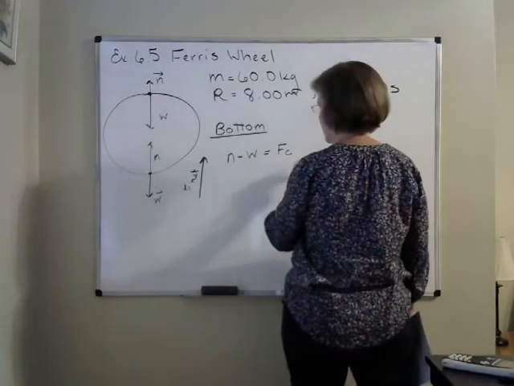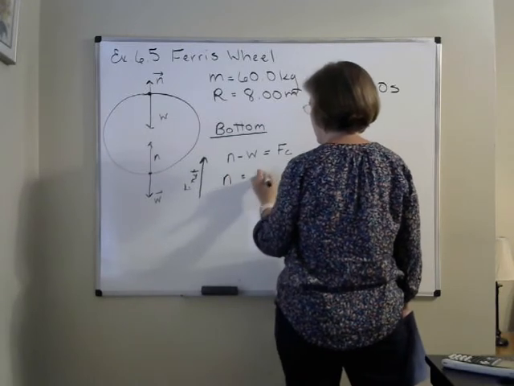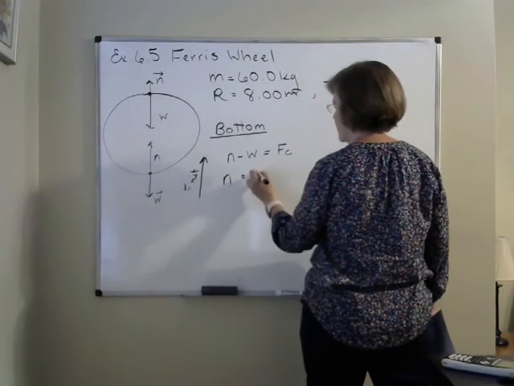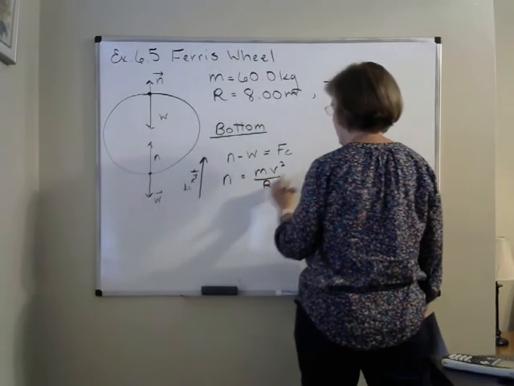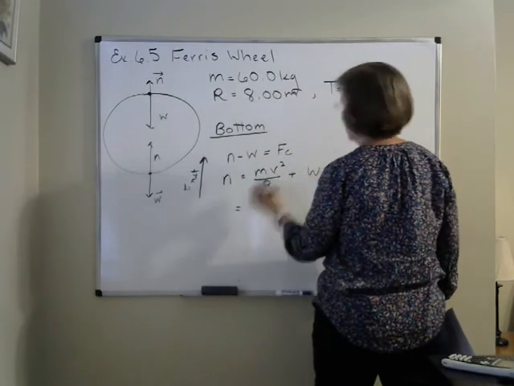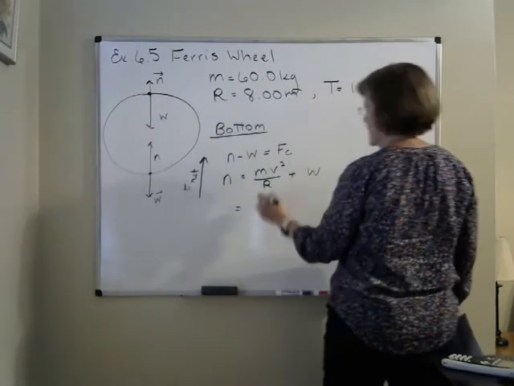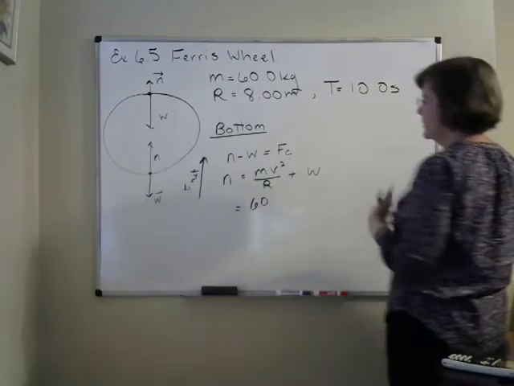So, what do we have? We're looking for the normal force. It will equal the centripetal force, which is mv squared over r, plus your weight. 60 kilograms. Oh, I don't know the speed. I've got to stop and find the speed.